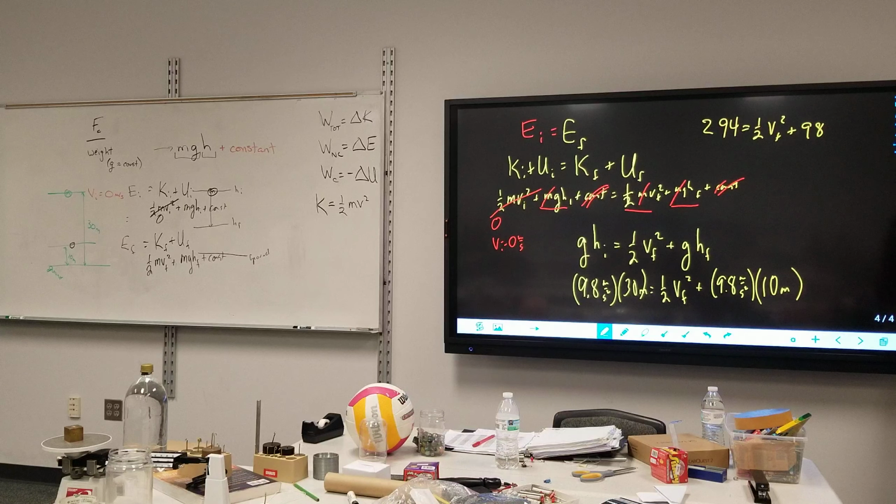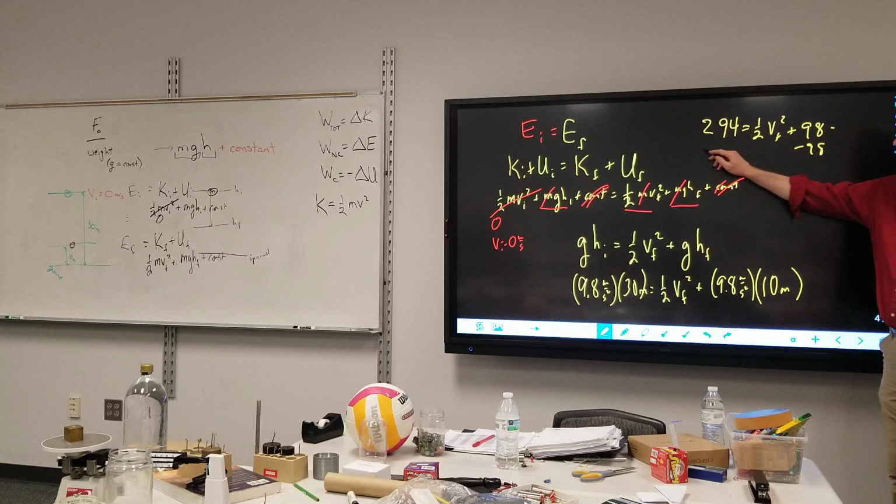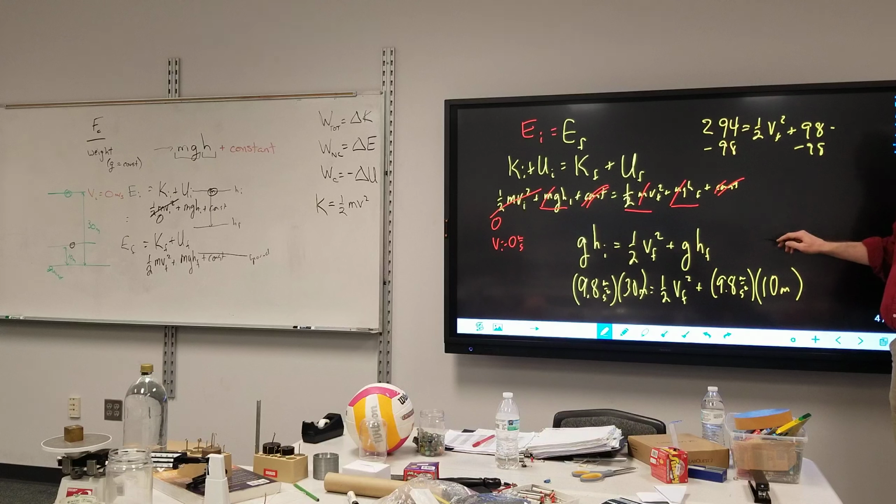Now let's get rid of that. There's the math problem. We're trying to get to V, so we've got to get rid of all the other fluff around it. First, let's get rid of the 98 by doing the opposite. 294 minus 98 is 196, which is equal to 1/2 V final squared. Then you can multiply 196 by 2, right?